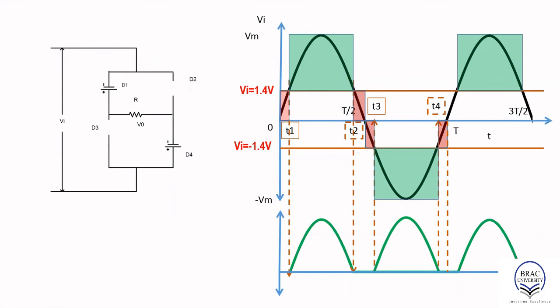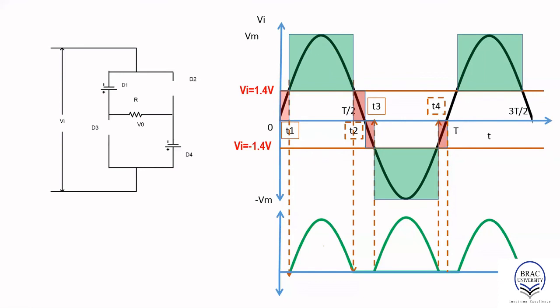So you see, if we summarize all those things from 0 to T1, for the positive half cycle, diodes D2 and D3 are forward biased, and D4 and D1 are reverse biased. We have a transition state which is Vi equal to 1.4, and we found out this green region is on and the red region is off.